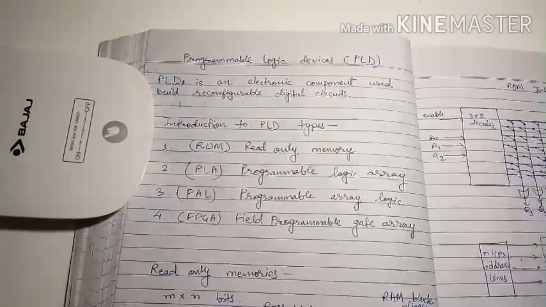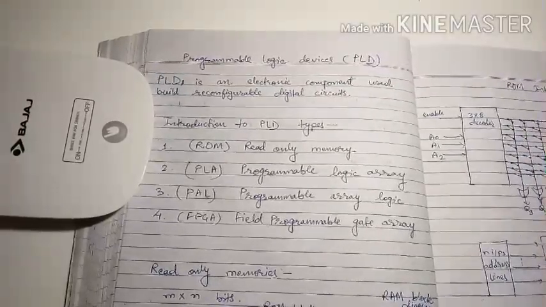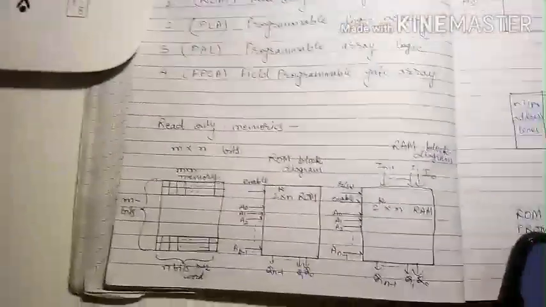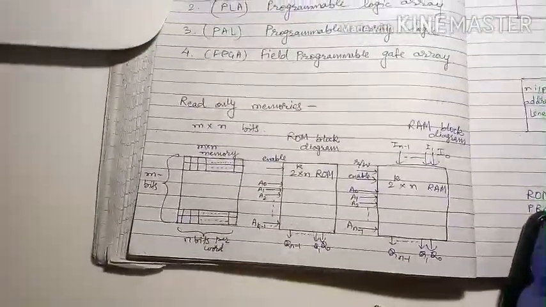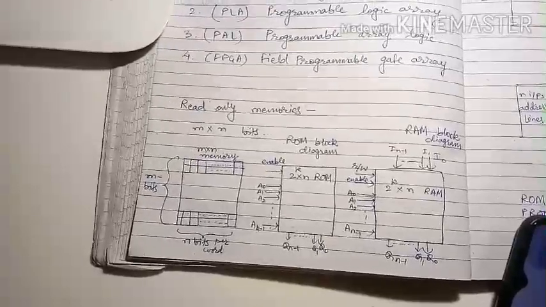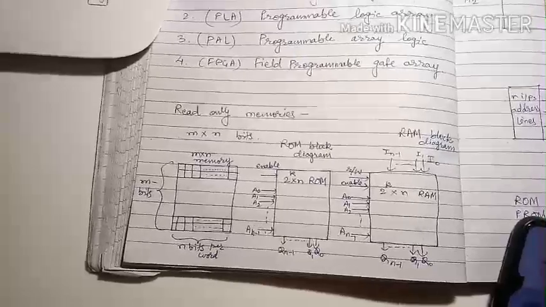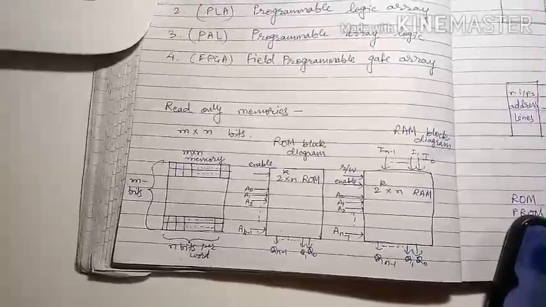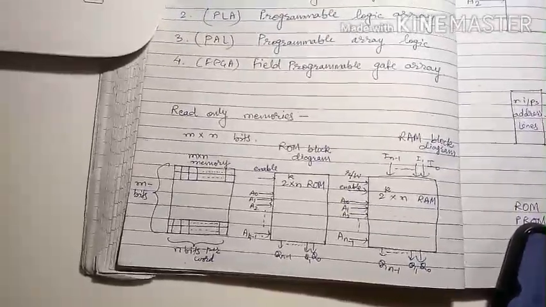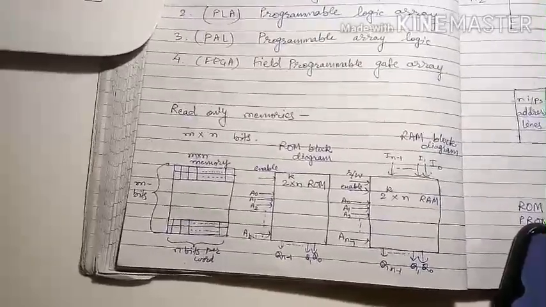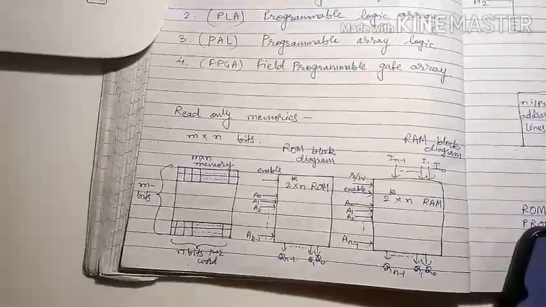So now we come to the read only memory. You can see the diagram of read only memory. See, there are three diagrams. First diagram is the M by N memory organization.